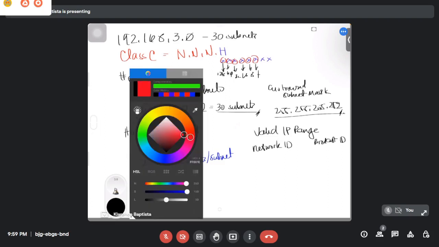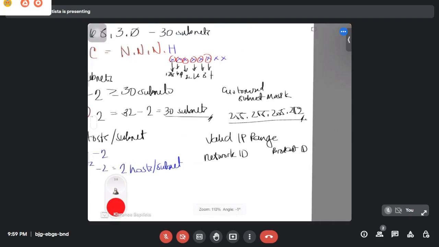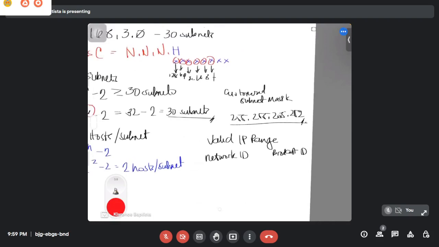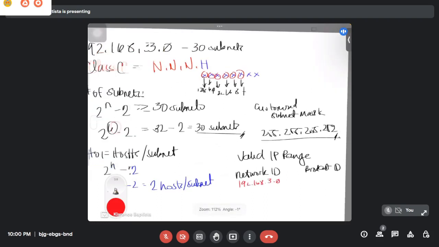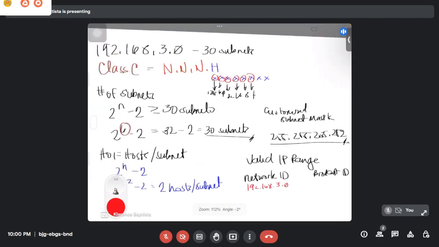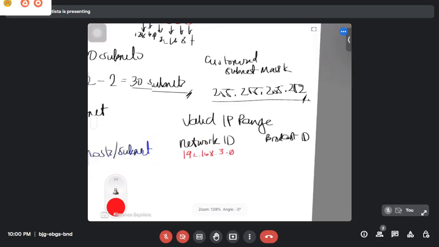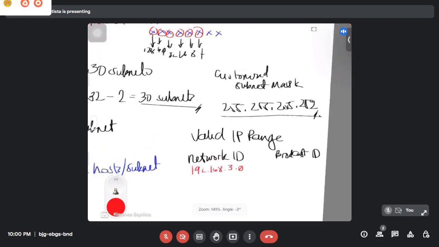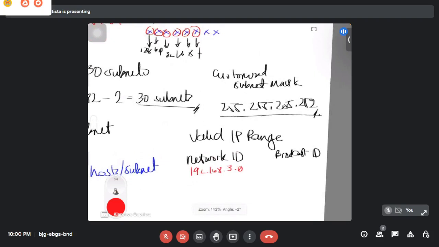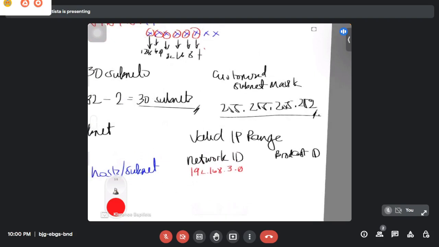Start tayo sa IP address na 192.168.3.0. Okay? Kasi po, ito po yung given natin kanina, 3.0. Ang pinakadulo po, kung makikita nyo po sa pinakataas, no, ang pinakadulo po natin na subnet is 4. Okay, 4.